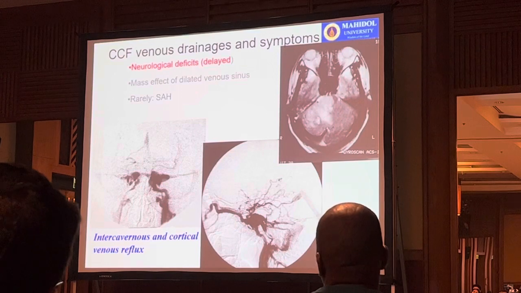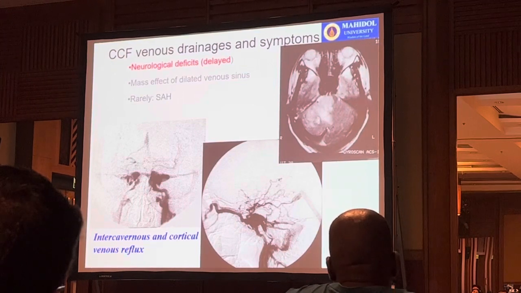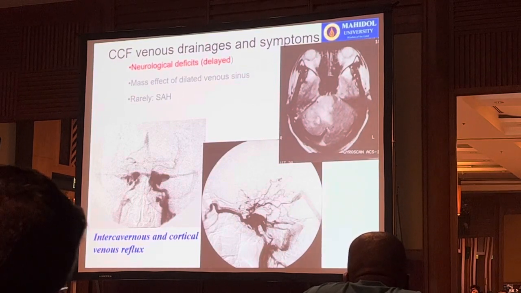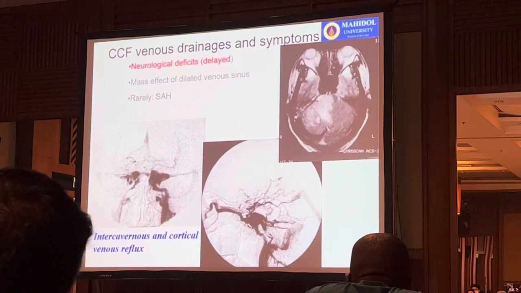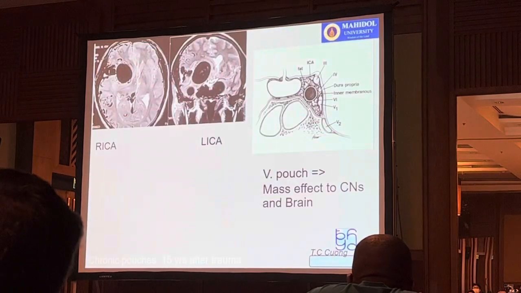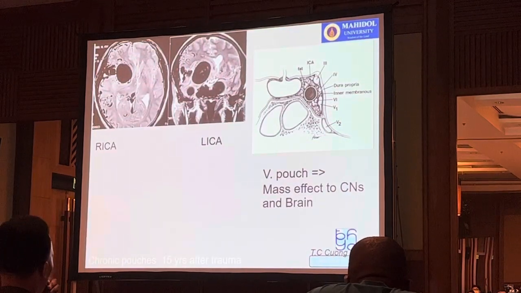And if you talk about the back, pial venous drainage, think about venous congestion, even bleeding inside the brain related to the pial venous reflux that can be seen. Mass effect: chronicity comes with mass from its size.